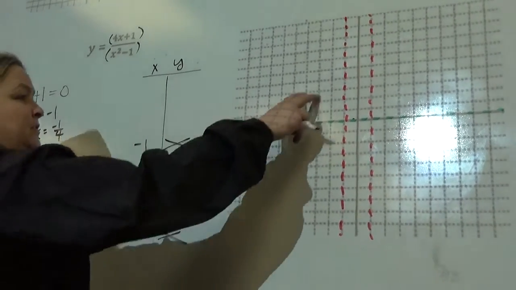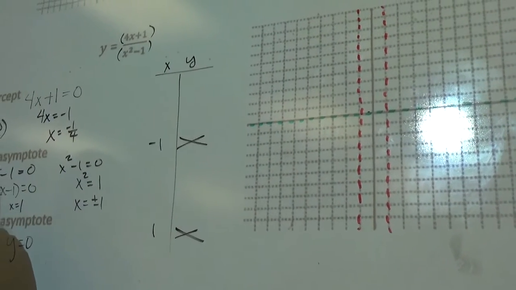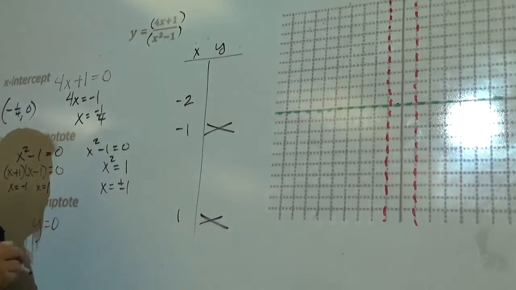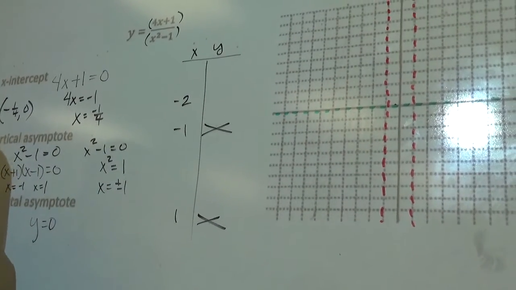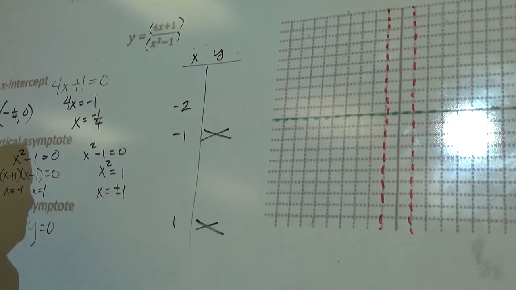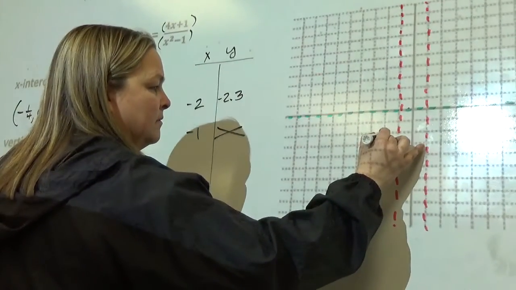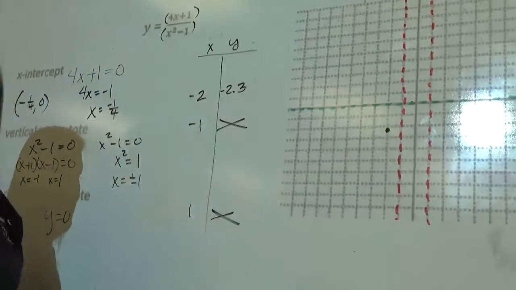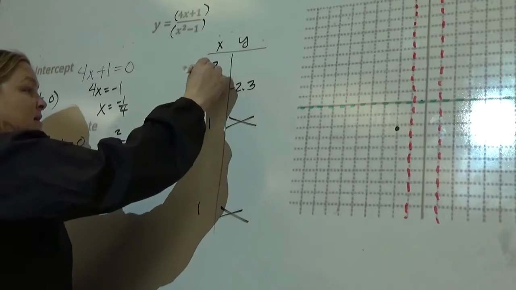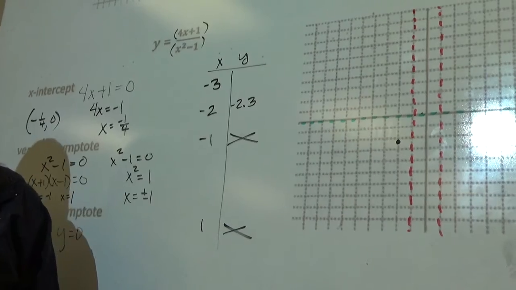So what happened to this area? What happens when I try negative 2? What was next to negative 2? Negative 2.3 repeating. So I'm going to graph that one. I need to get a couple points on each side of that to see what the graph's looking like. So I'm going to try negative 3. What happens at negative 3?